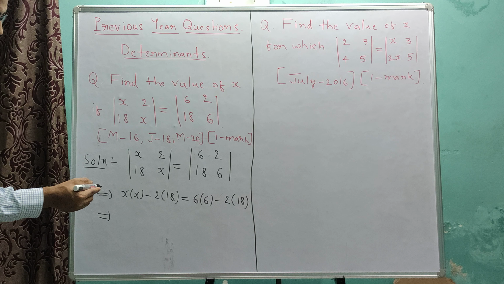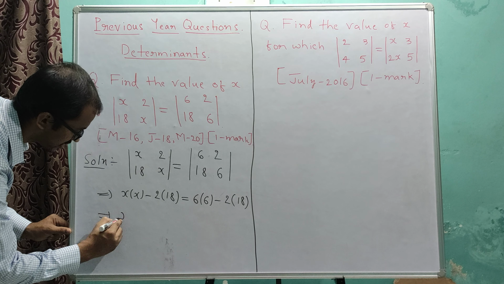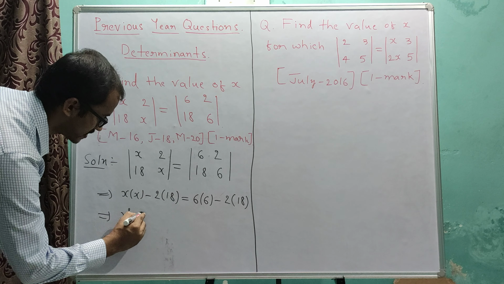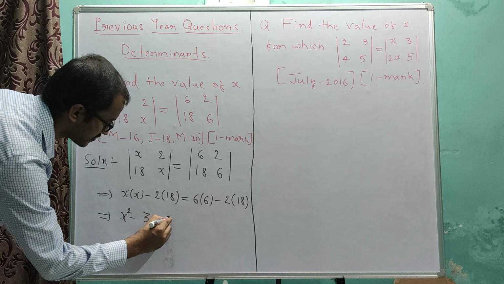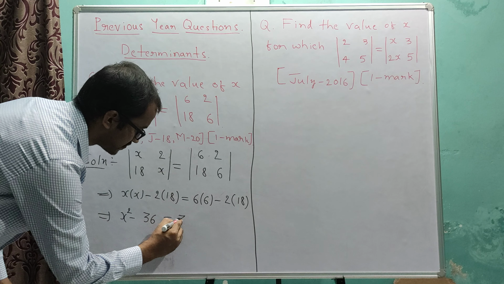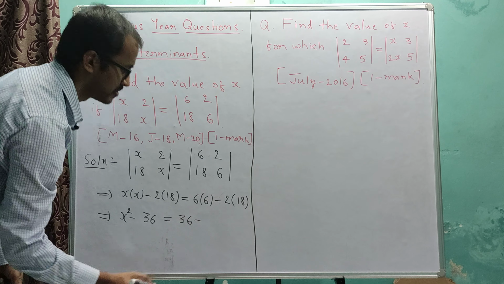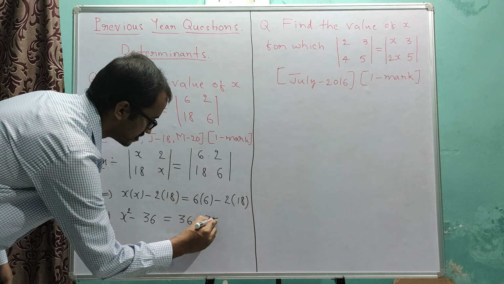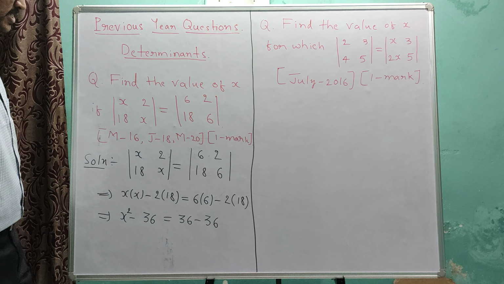Simplify this: x into x becomes x square, minus 2 into 18, that is 36, is equal to 6 into 6, 36, minus 2 into 18, that is 36.